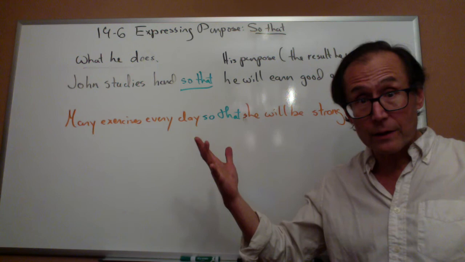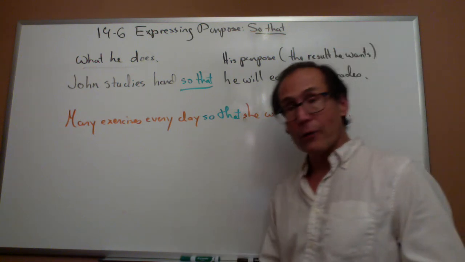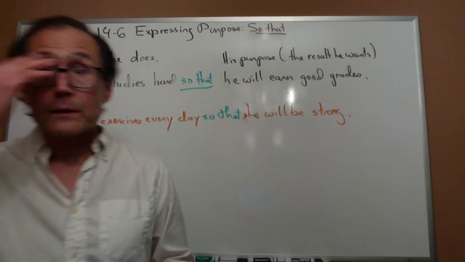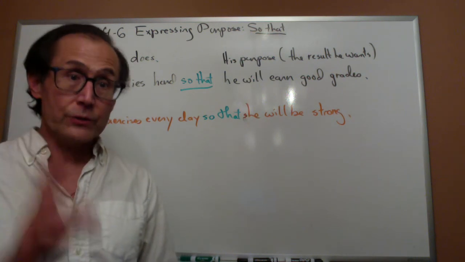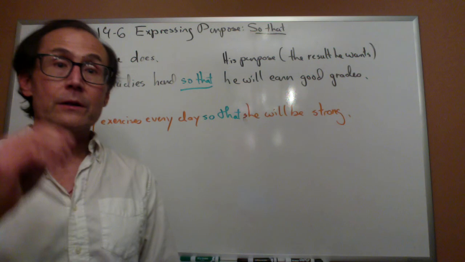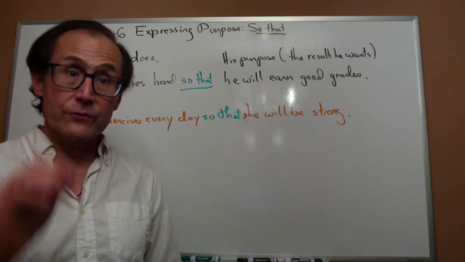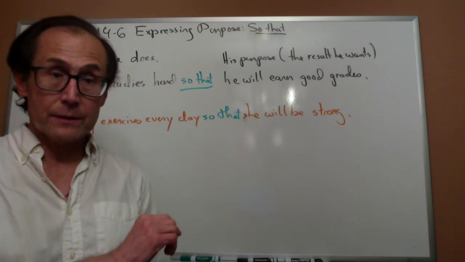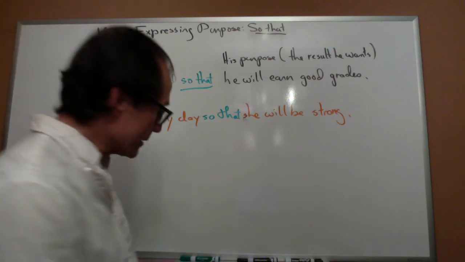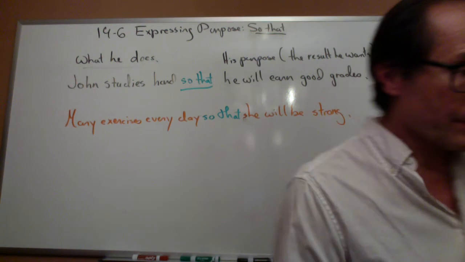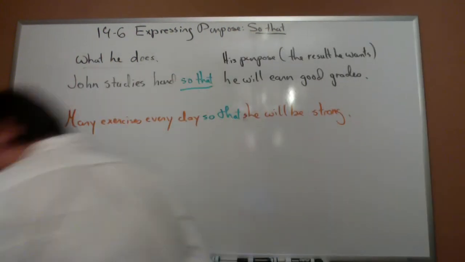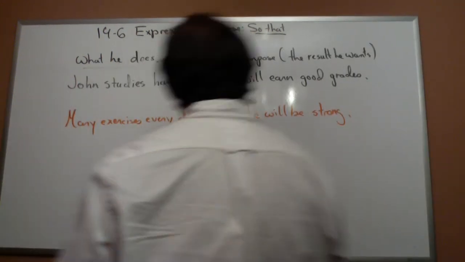Good so far? Okay. Now, so that is usually used with will, forms of will, and forms of can. There's one other option, and we'll talk about that briefly. But for right now, let me just make a note here.